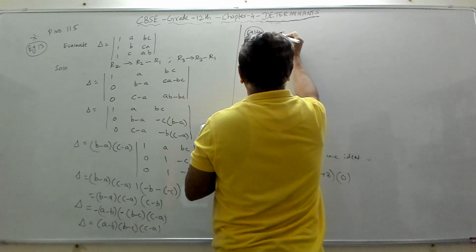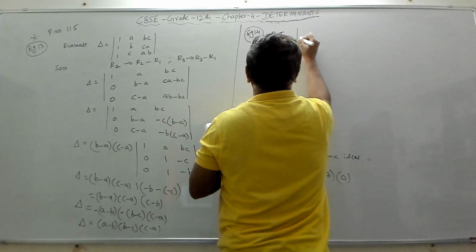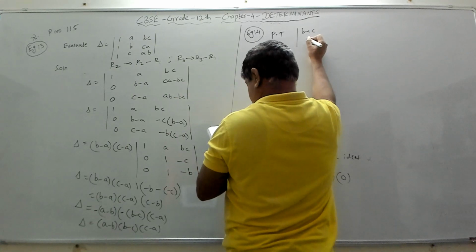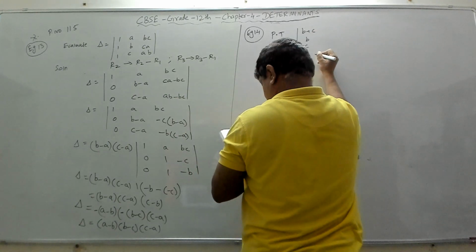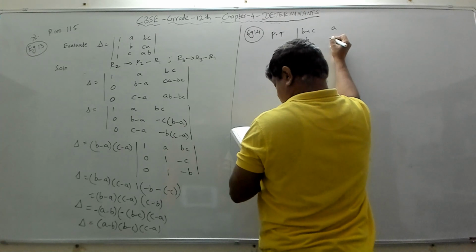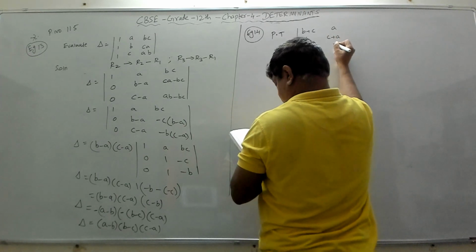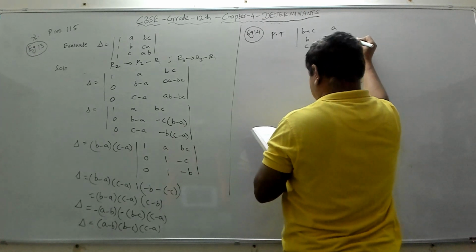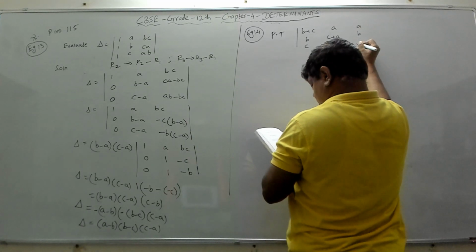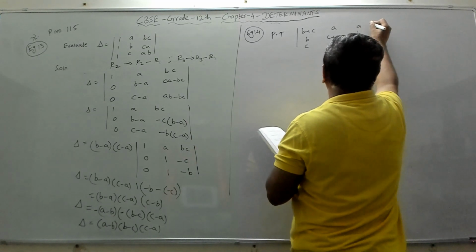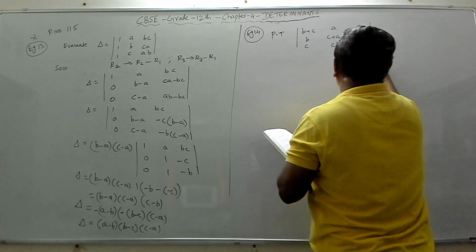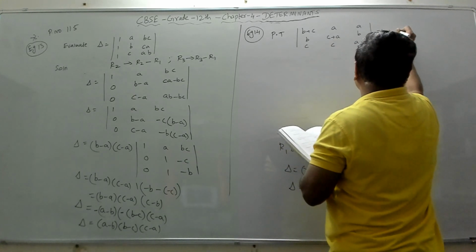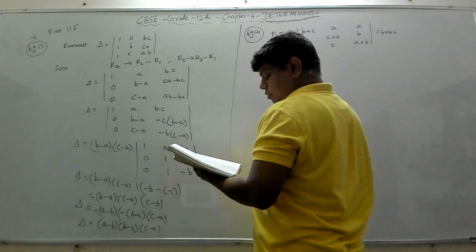Prove that the determinant with rows b plus c, b, c; a, c plus a, c; a, b, a plus b equals 4abc.